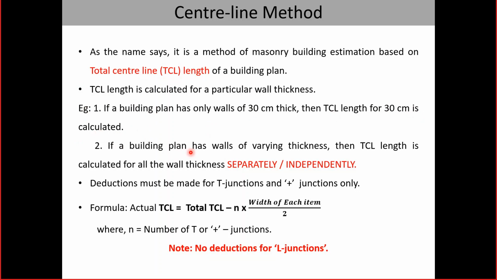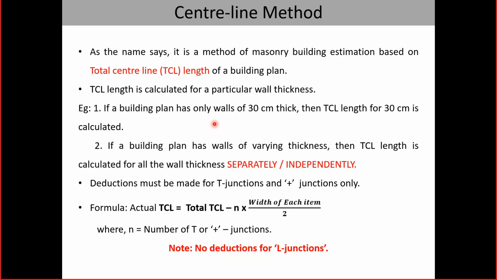But usually we do not construct all walls of 30 centimeter thickness. Why? Because these days we are not practicing any load bearing walls. Very rarely we go with load bearing walls. What do we practice? We are practicing frame structures. In frame structures, only the outer walls, the periphery walls, will be main walls. The inner walls or the interior walls will be partition walls of lesser thickness, right?